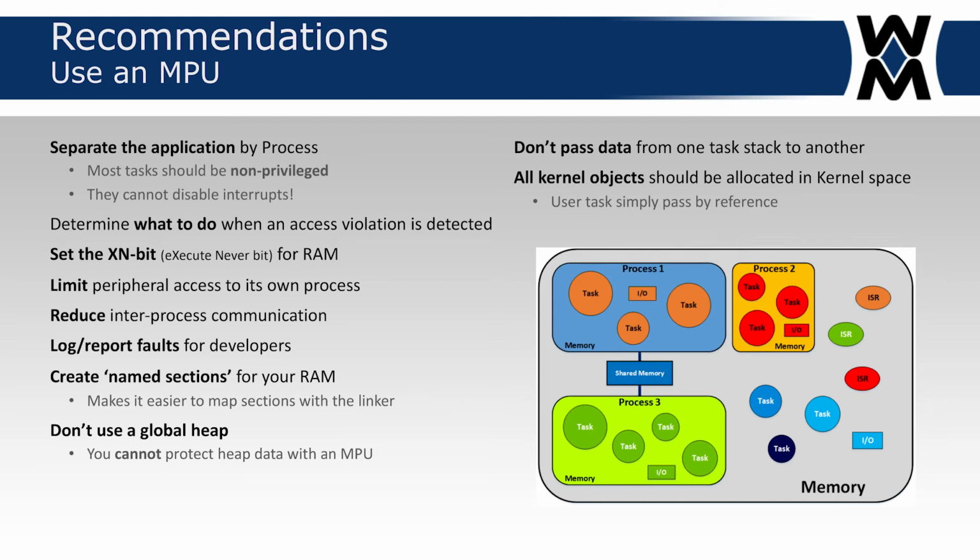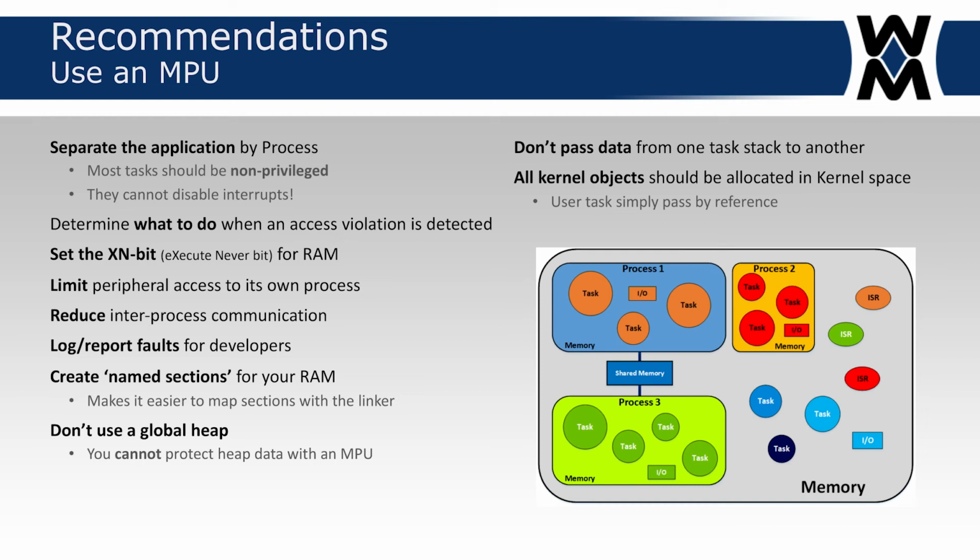There's a feature called the execute never bit. Whenever you're using the MPU, I would highly recommend you set the RAM locations with execute never, meaning that code could not execute out of RAM, unless you're updating your firmware in the field or something, in which case you may need to turn off that bit.